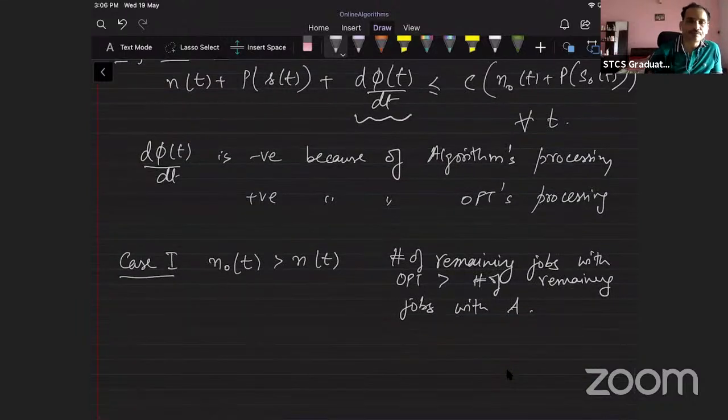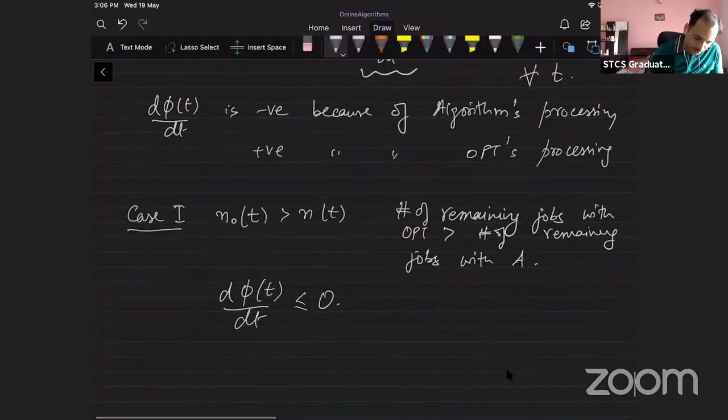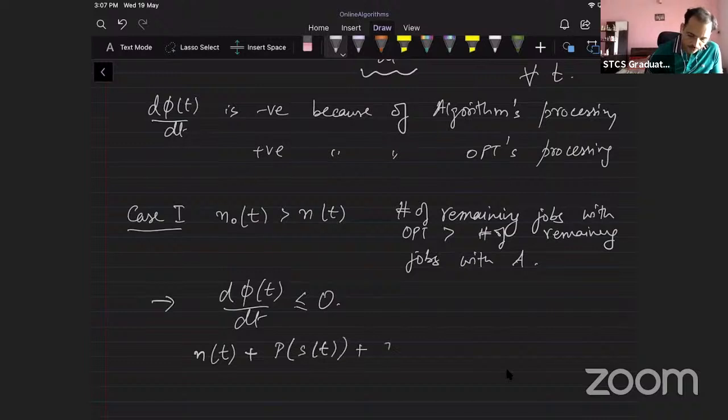I claim that in this case, d phi of dt is less than or equal to 0. So for the moment, assume that this is true. Then we show that our drift condition is true.